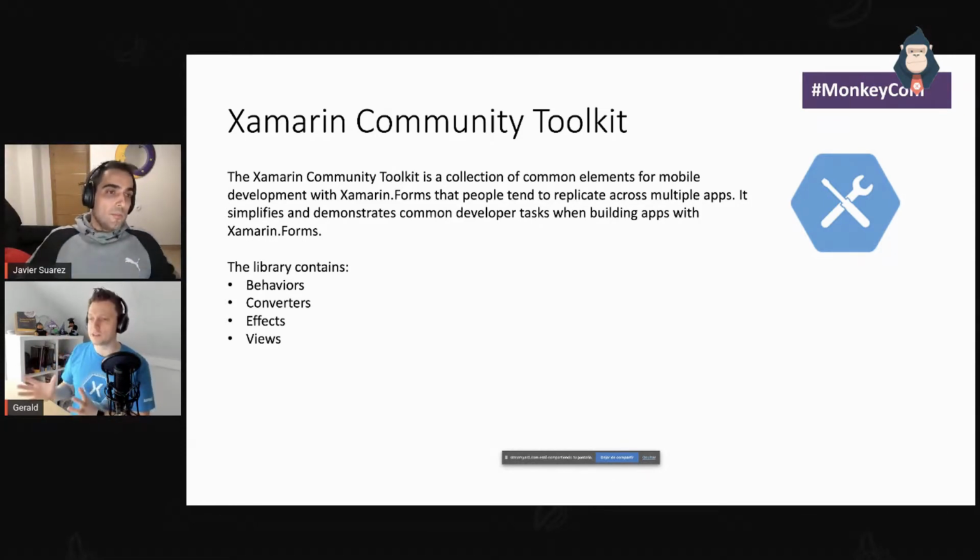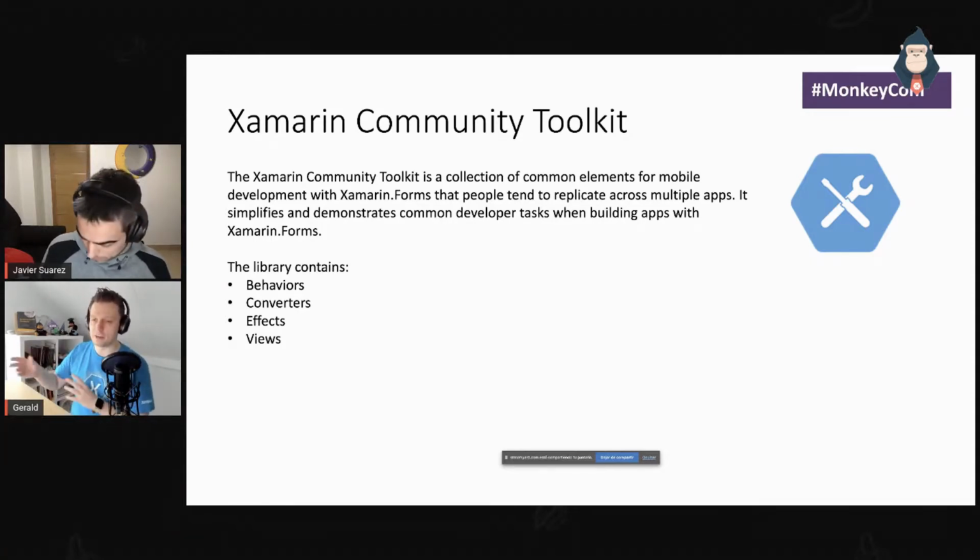And it does two things basically. It is a community toolkit, because when I was working on the actual apps with Xamarin Forms, if you're doing that right now, then you will know that there are a lot of converters, behaviors, effects that you're basically just copy and pasting throughout all the projects, right? Because it's just too small to create your own NuGet package for it, or your internal NuGet package.